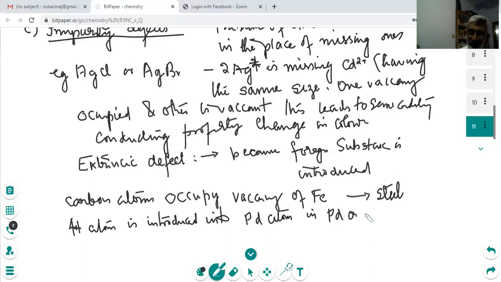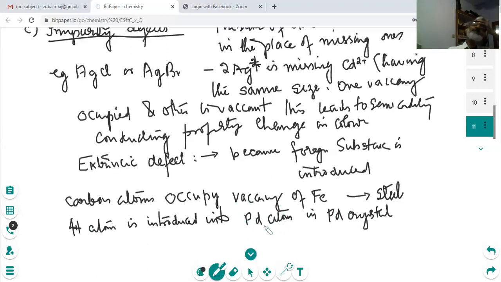And you know, palladium is a very important catalyst. And now you know how it is acting. Palladium is used in hydrogenation. So you introduce the hydrogen atom into the palladium. It occupies the place of some of the palladium atoms. And that hydrogen will get a high energy state, and that will lead to the hydrogenation process. This should be the mechanism by which palladium acts as a catalyst.